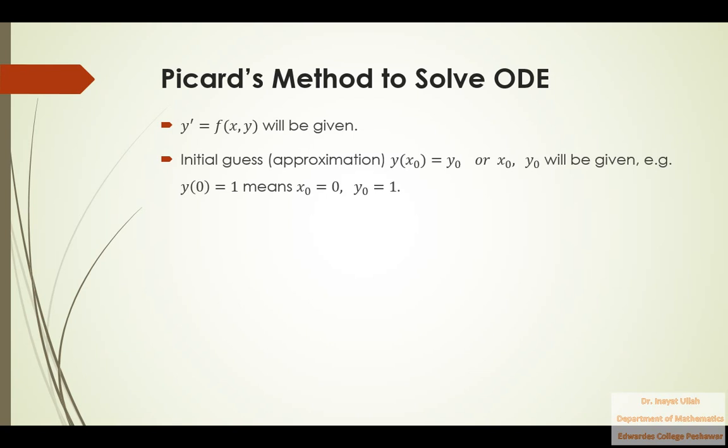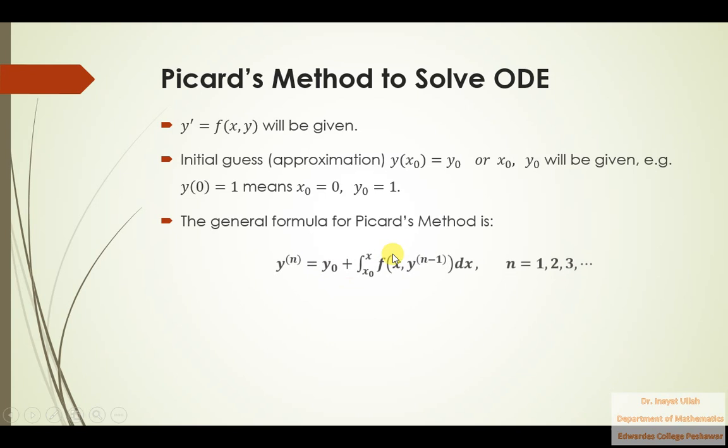So initial approximation will be given to you, and thirdly, the major step of this method is the general formula for Picard's method. That is the formula: y n. This n may be written as a subscript of y, because this is an approximation, not the nth derivative of y. The approximations are y naught when n is equal to 0, y1, y2, y3.